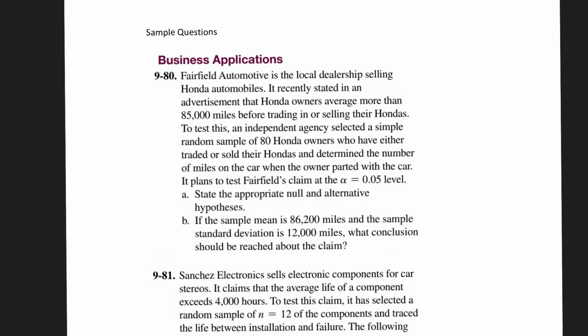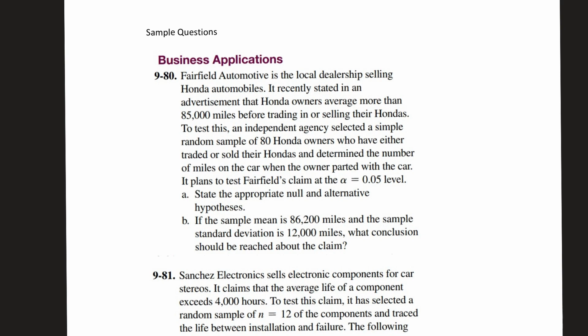All right? So they're claiming that they traded at somewhere about 85,000 miles. The sample evidence is showing 86,200 miles. So just based on the sample evidence, it's suggesting that it's different, correct?